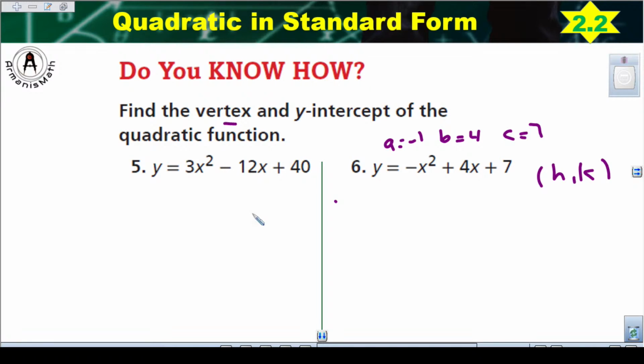David, can you help me? How would I get the H? David, can you help me find the H? Okay. Giovanni, can you help me find the H?